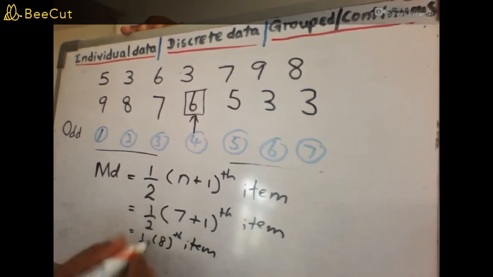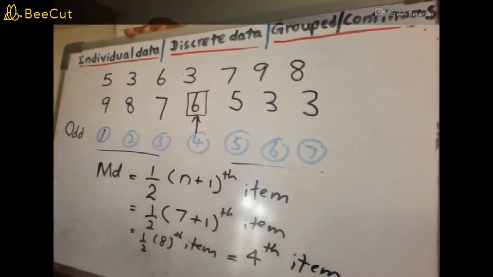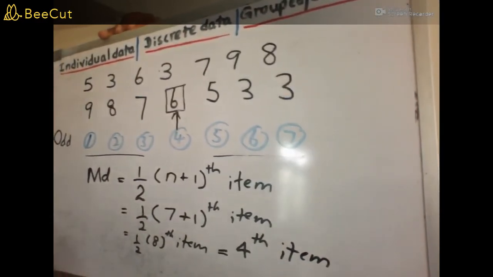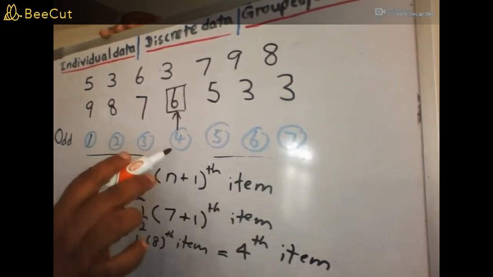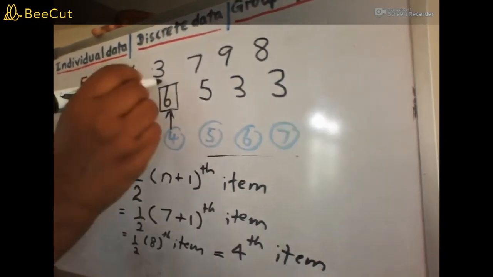If you divide this by this one, so the fourth item, not number 4, right? The fourth item is the median. Now we'll count the fourth item. 1, 2, 3, 4. Fourth item, that is 6. 6 is the median.